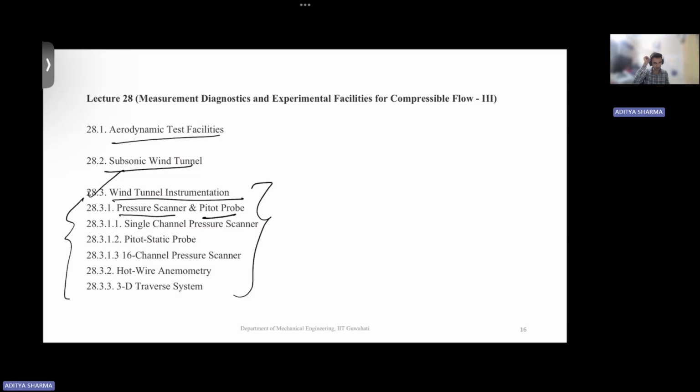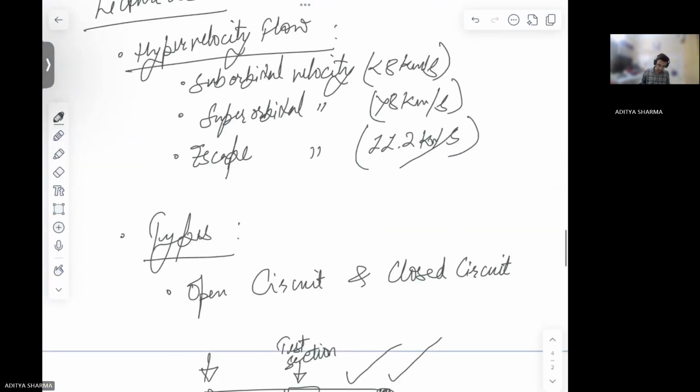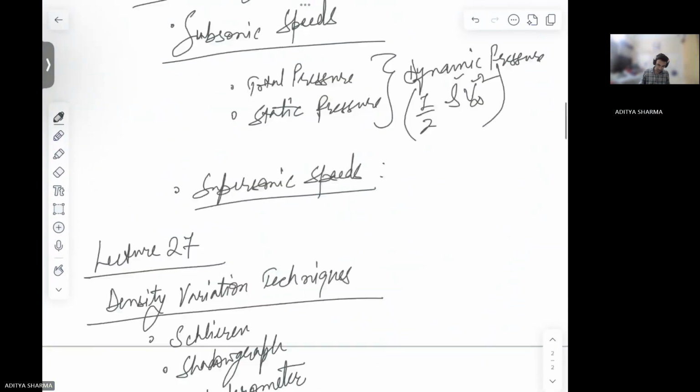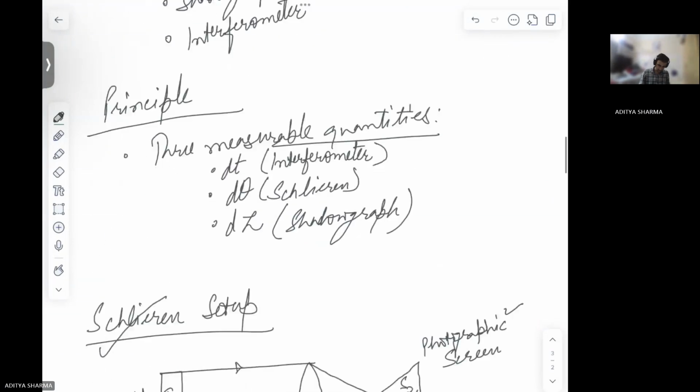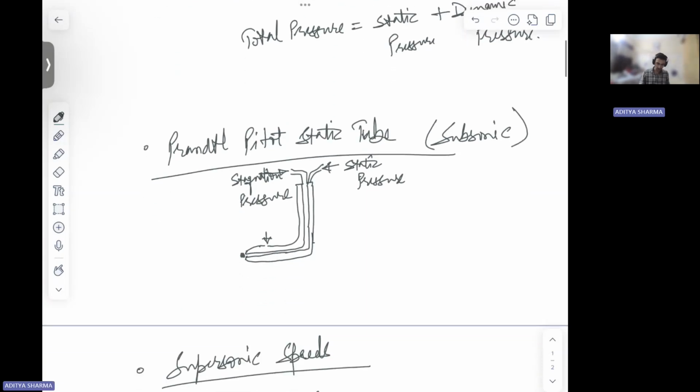Link will be in the description. So here this pitot static probe has been shown. I had tried to draw this also. So you can see slide number 12.